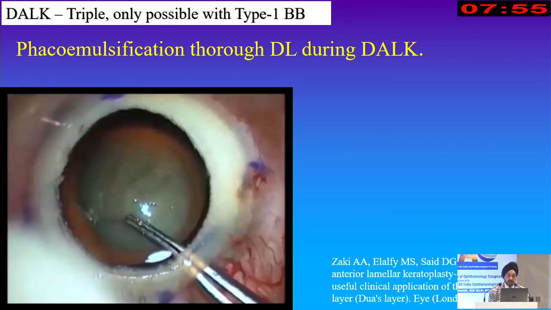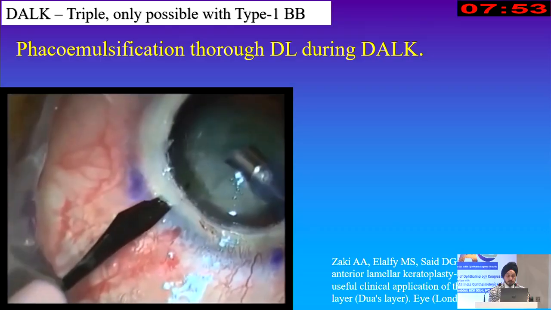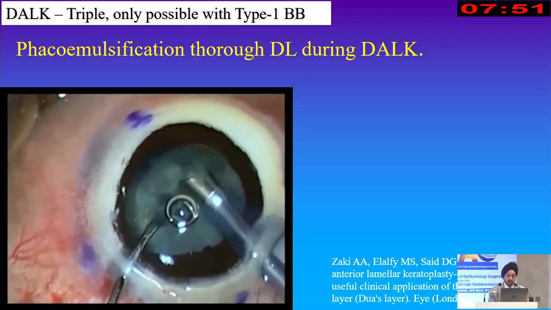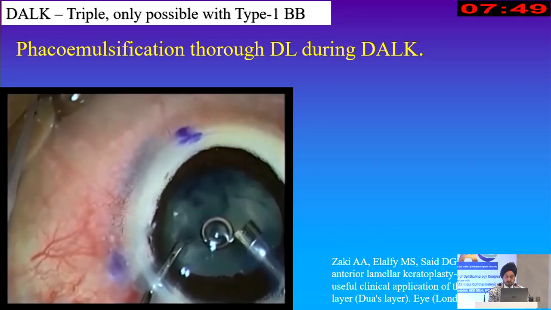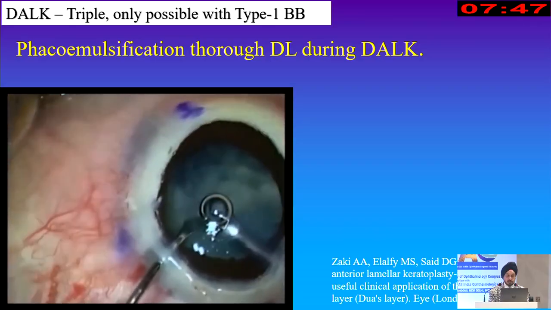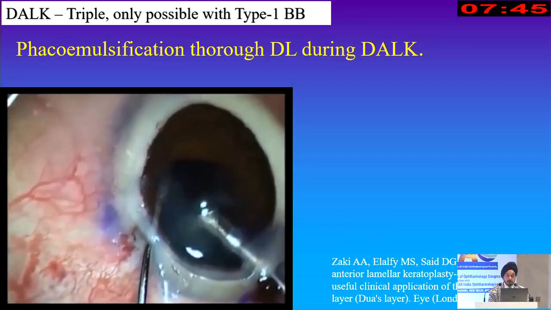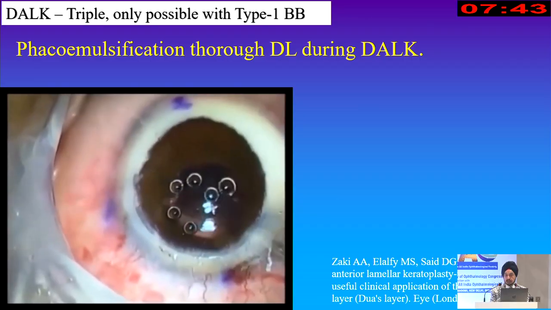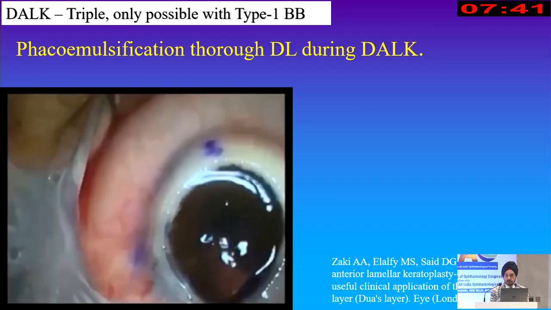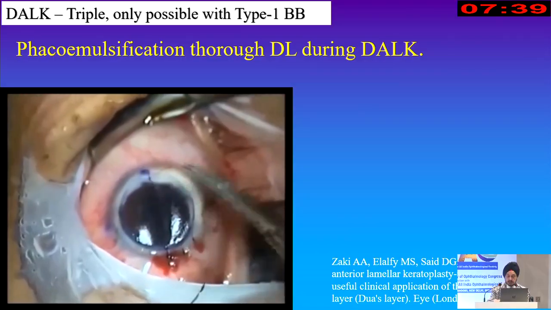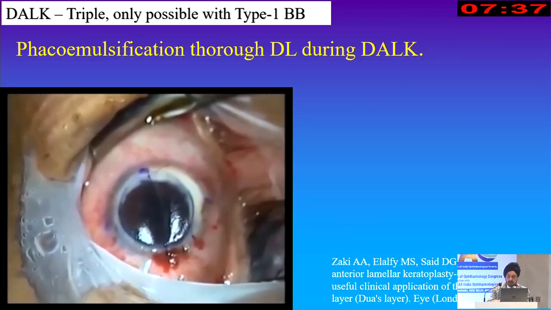When you're doing a DALK in a scarred cornea and you cannot see through to do the cataract, people have done this triple procedure. We published on this, called it the DALK triple procedure. You can do it, but you cannot attempt this when you get the thin type 2 bubble with the Descemet's membrane only. It's only the pre-Descemet's layer that will allow you to do that and complete the procedure, both cataract and the DALK.